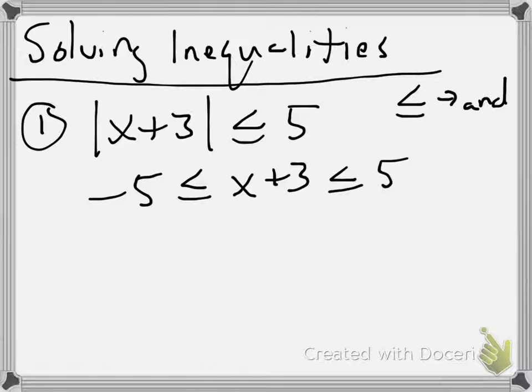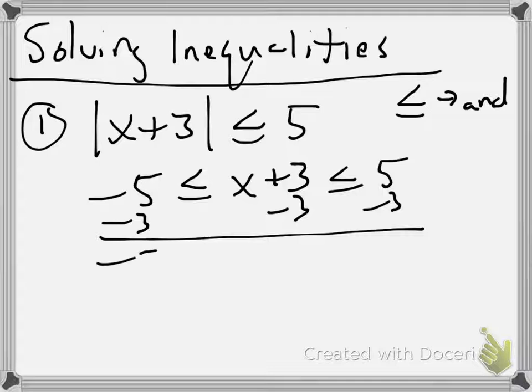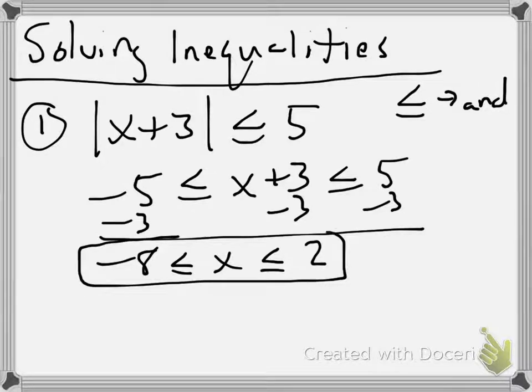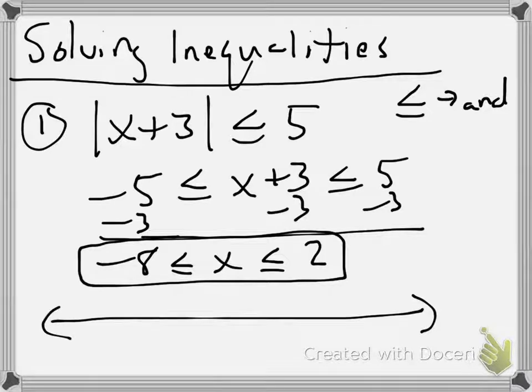Okay? Now, to solve that, we subtract 3 from all three sides. So this is negative 8, x in the middle, and then a 2 right there. So that's your answer. Now, if we were graphing it on a number line, okay, 0, 1, 2, 1, 2, 3, 4, 5, 6, 7, 8.